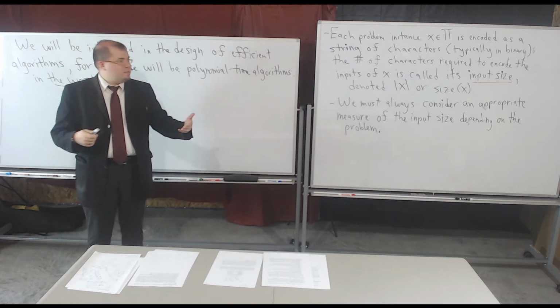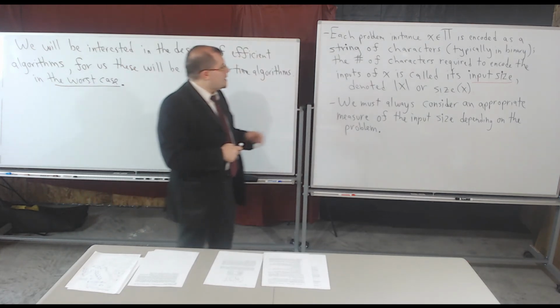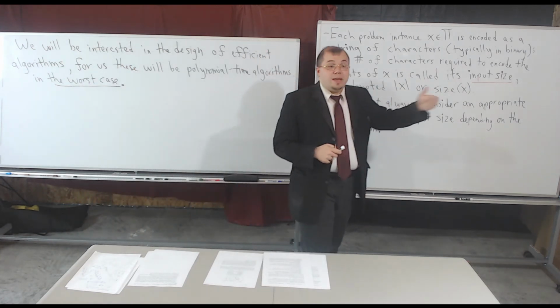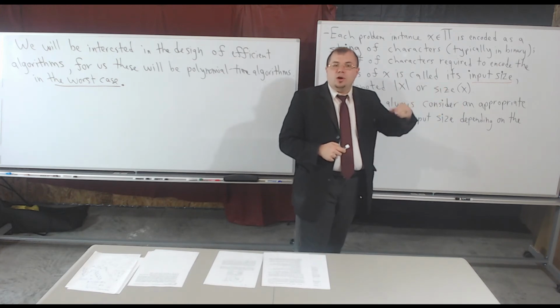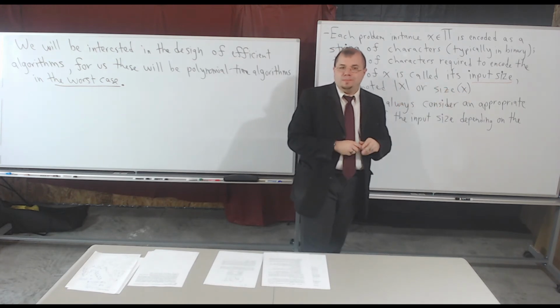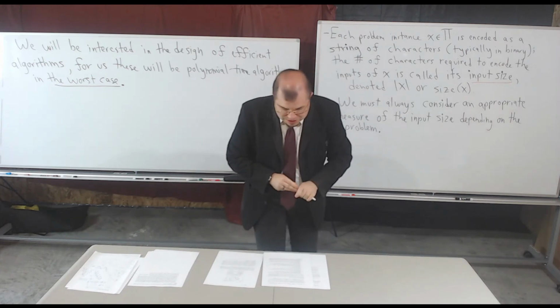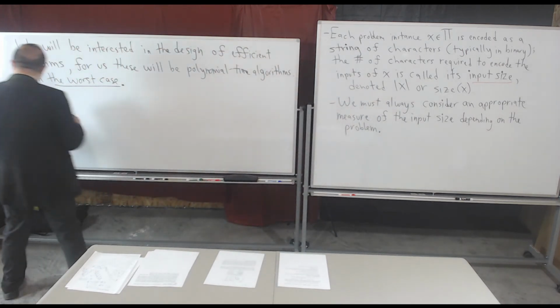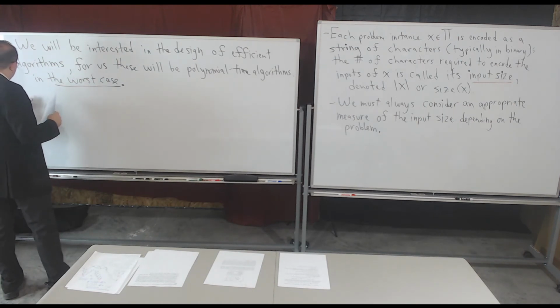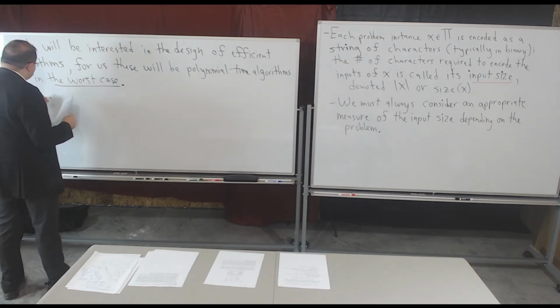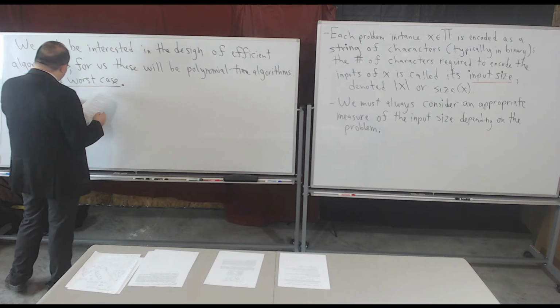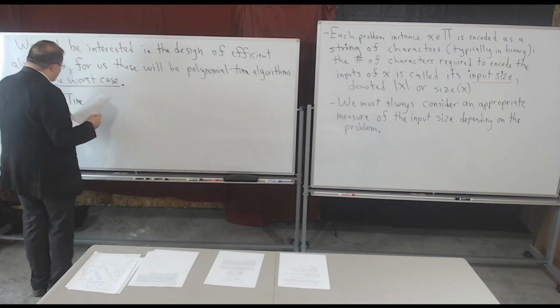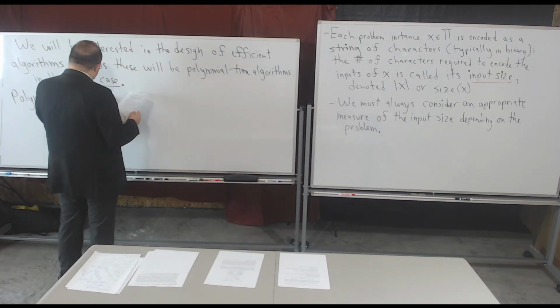If you pick a reasonable measure of the input size, you'll find that the larger that input size gets, the longer the algorithm typically will run. I need to motivate that just so I can give you this definition. So here's the definition of a polynomial time algorithm. Like I said, you're probably going to be familiar with this. If not, that's cool. That's why I'm working it out with you.